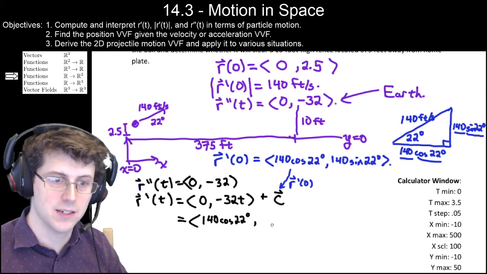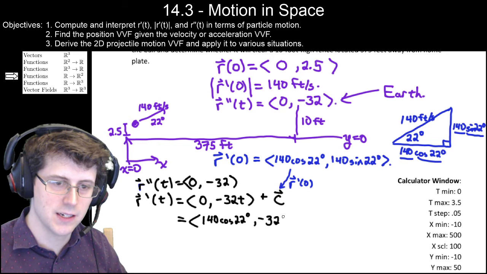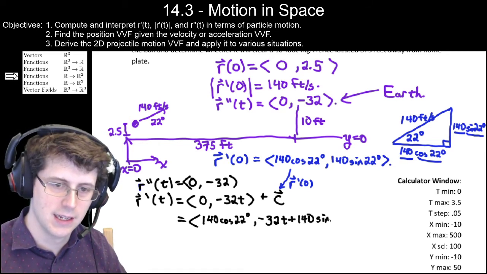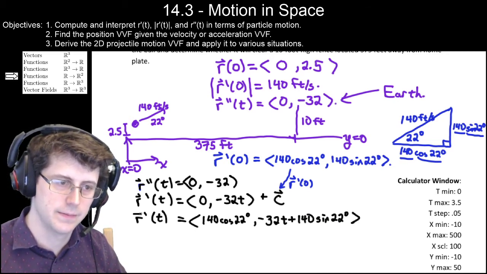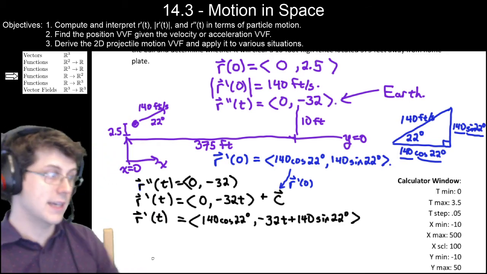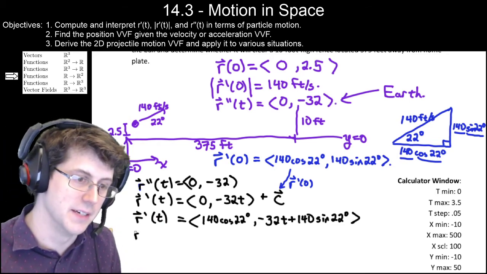And not minus 32t, instead minus 32t plus 140 sine 22 degrees. This is my velocity function. Finally, I can do one more integral to get the position function.